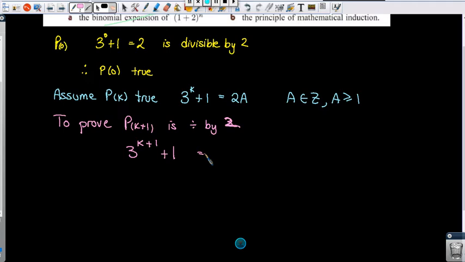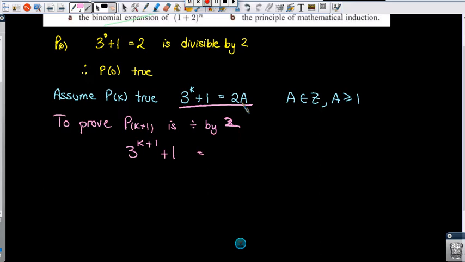And the idea, remember, every single time with this PMI, we want to try and use our PK. So, I want to try and use this.